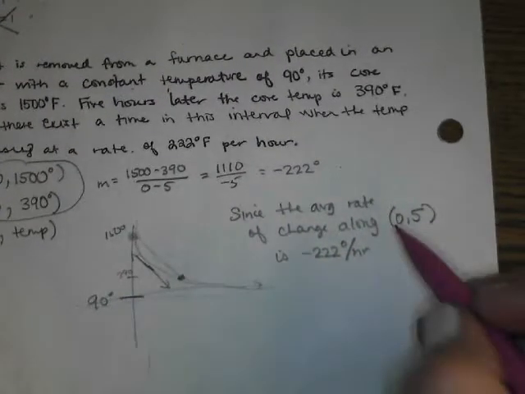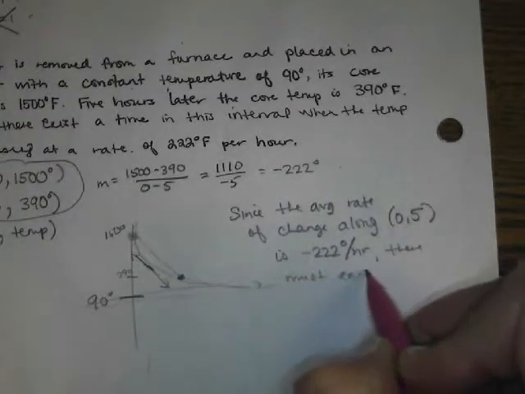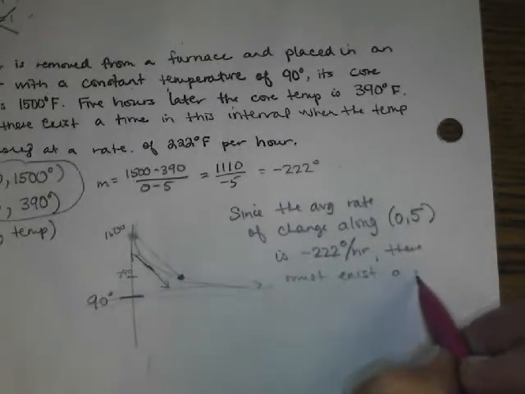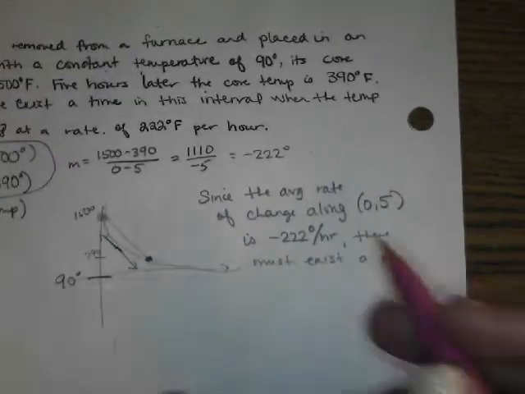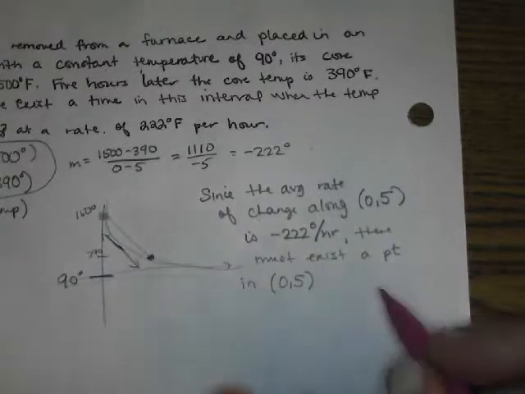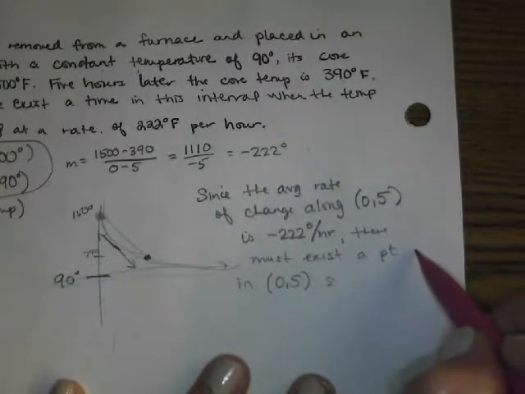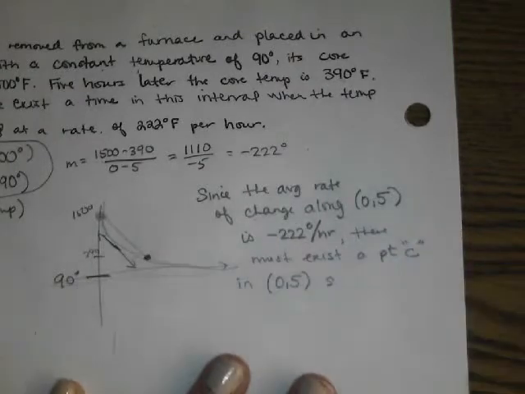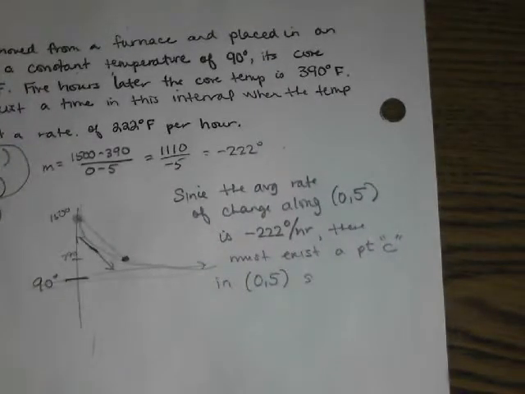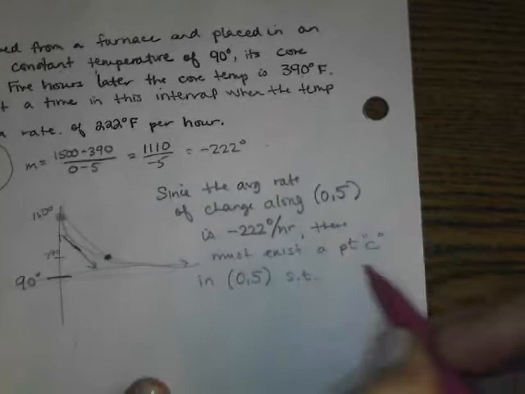What do we want to call our point? We'll call it C, just because that's what the mean value theorem calls it. Must exist a point C in the interval from 0 to 5 such that f prime of C equals negative 222. Okay? Any questions on that?